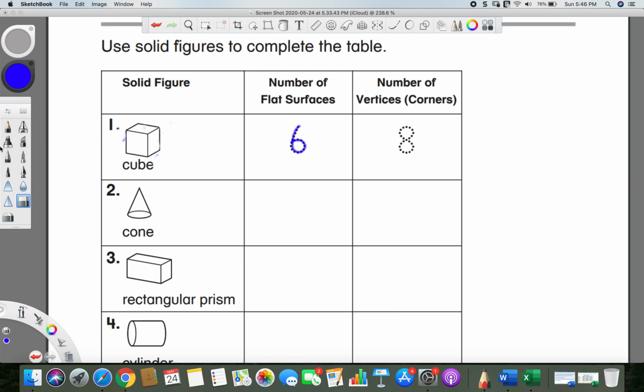Okay, so 6 flat surfaces, but then how many corners? Well, you know what? Let's circle these corners. Ready? That's 1, 2, 3, 4, 5, 6, 7. But don't forget about the ones that we can't see around the back.